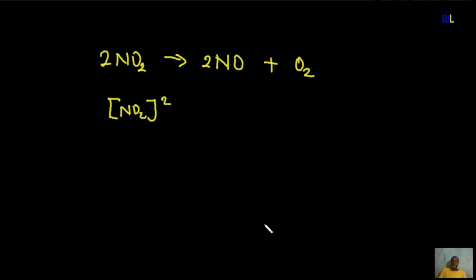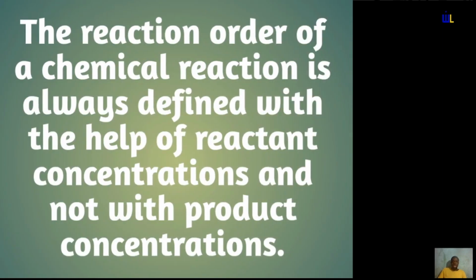Now, having said that, the second point to note about the order of a reaction is that the reaction order of a chemical process is always defined with the help of reactant concentration and not with that of the product. So anytime you are asked to find the order of a reaction, one thing must come to mind, and what is that? You are only considering the concentration of the reactants.